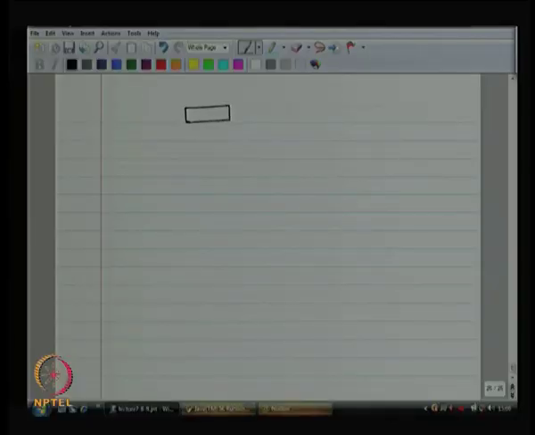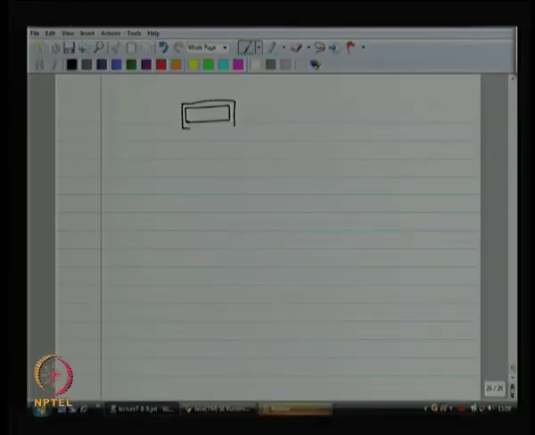So, if I have a large perimeter, it matters to me because more current can flow, there is more surface area. Okay. So, this is the region where the current is going to go through.